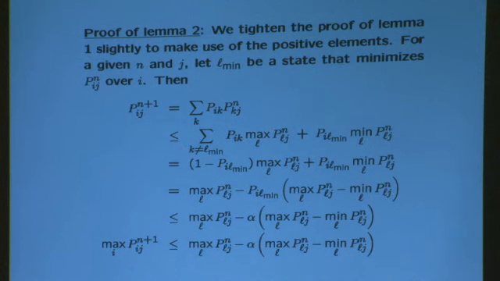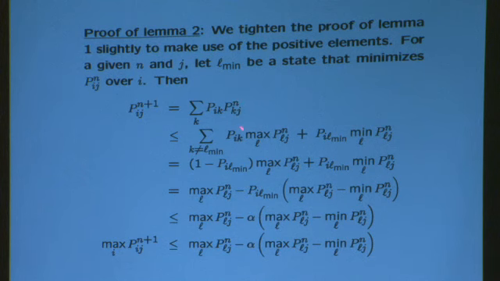So we did two things from the first step to the second: we took out the path that minimizes the probability of arriving at the jth node in n steps, and then we bounded the rest of this sum by this.